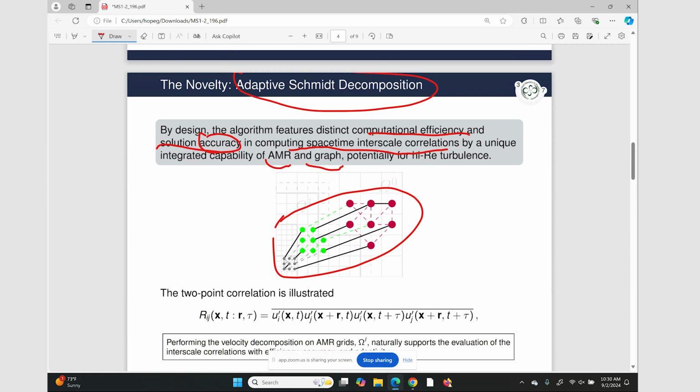And for these edges, you can see I have solid lines and dashed lines. The solid lines are typically on the same resolution, and the dashed lines are across different resolutions.